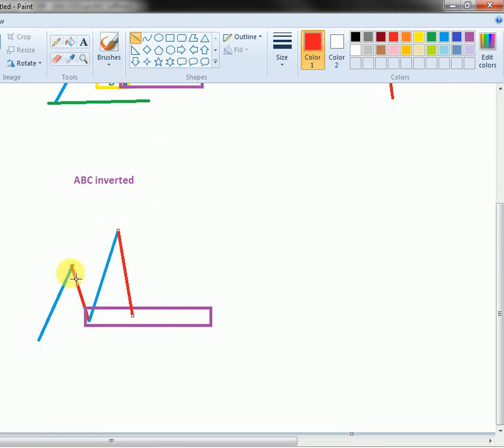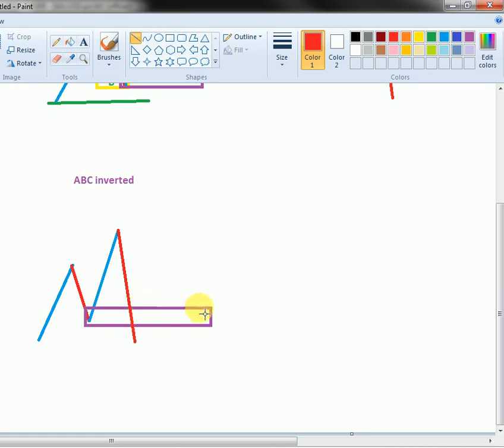In a certain case, we see this pattern, and then the price comes back, we enter buy. We enter buy for ABC normal, but suddenly the price breaks and closes below this B. So what should we do? If we have a buy position here and price breaks and closes below this B zone, we must cut loss.